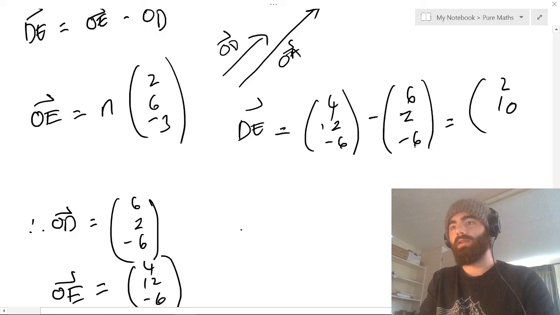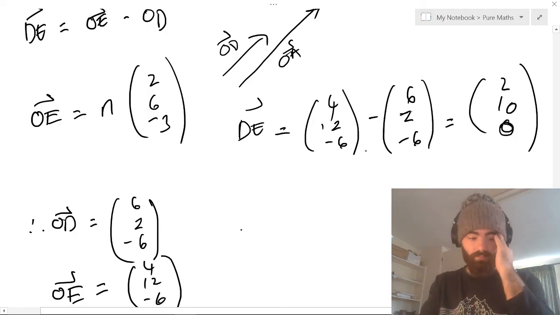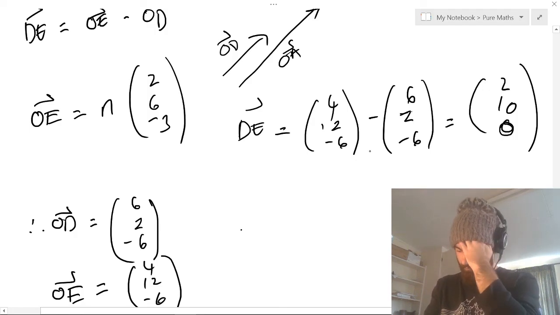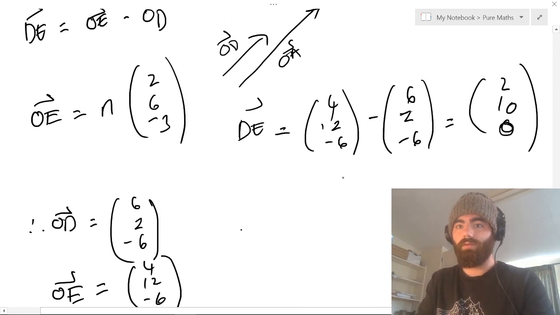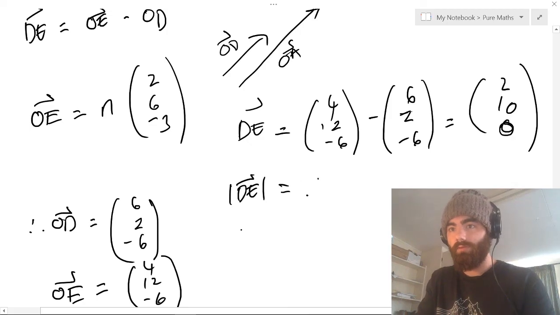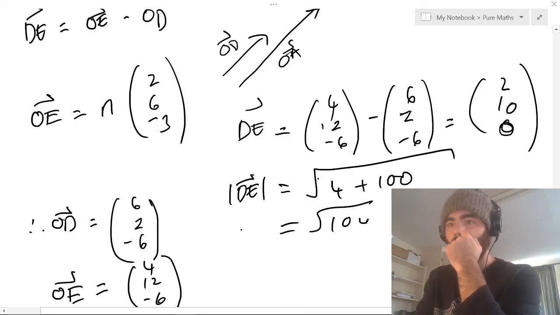And minus 6 minus minus 6 is 0. Yeah, everything seems to be correct. Okay, so then you get DE equals the square root of 4 plus 100. So is it the square root of 104?